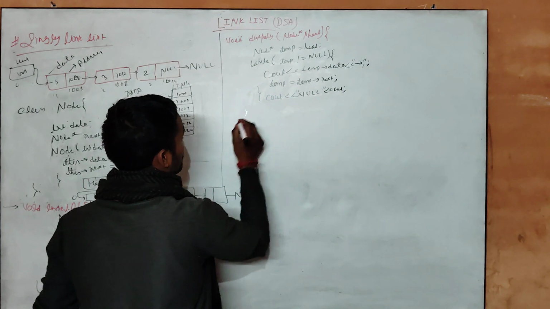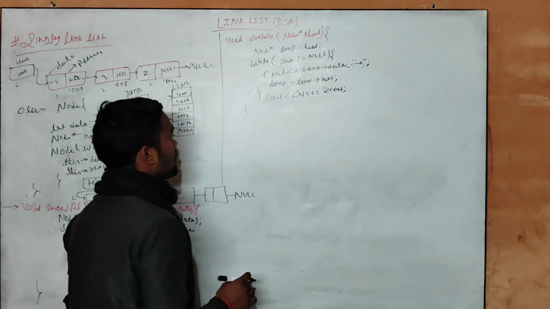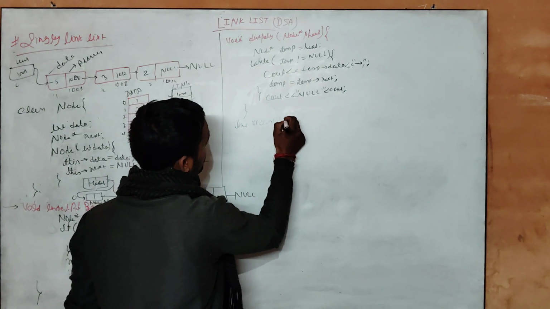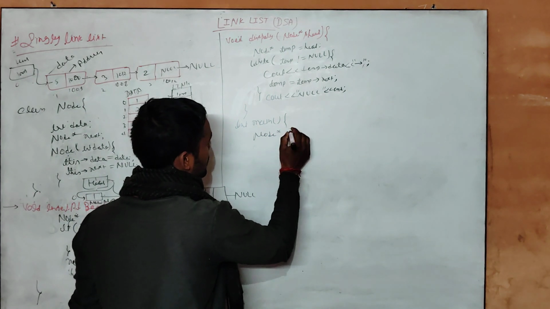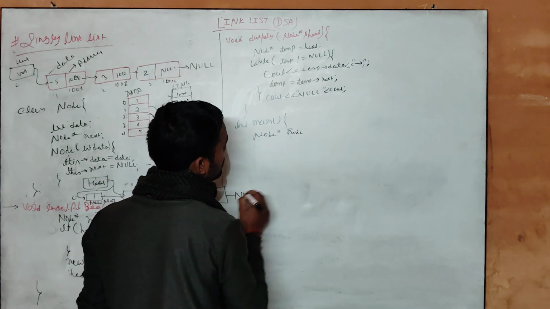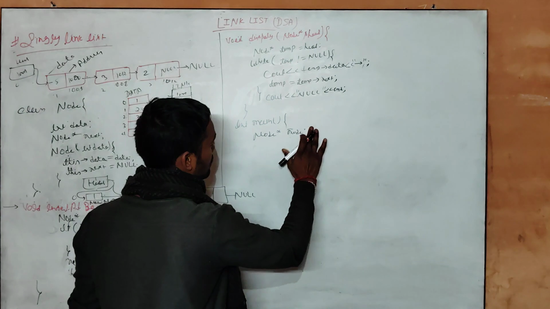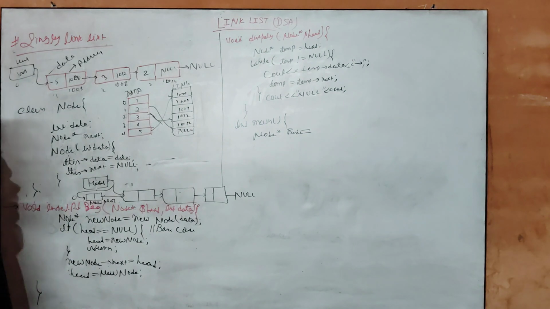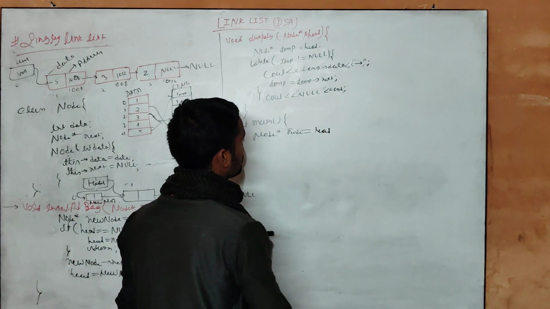Just close here, and you need to go here and write the main function. int main. Here create a simple node pointer, Node asterisk head is equal to null.